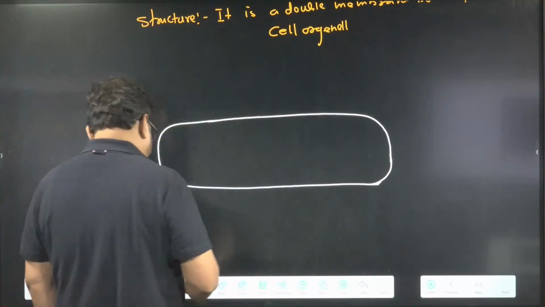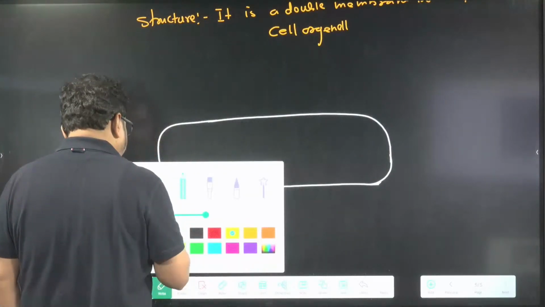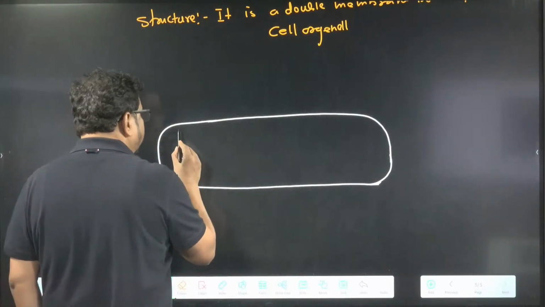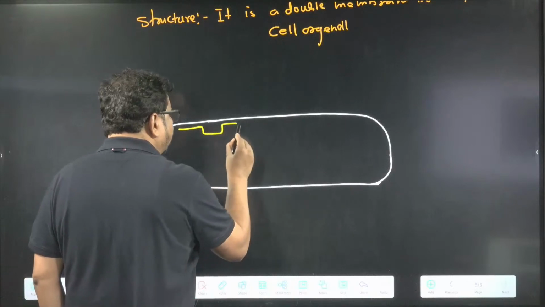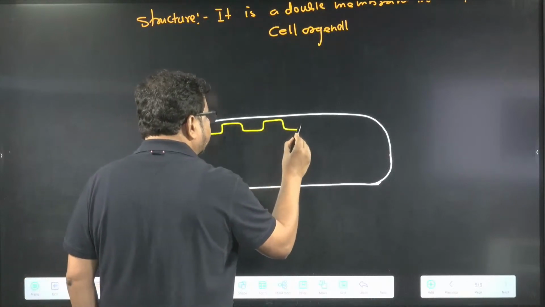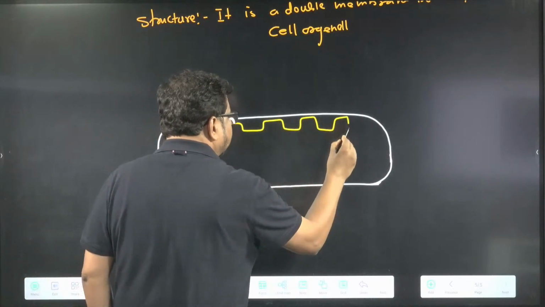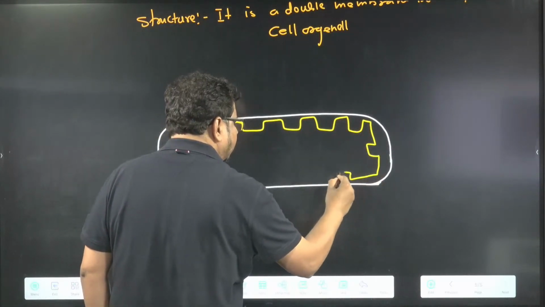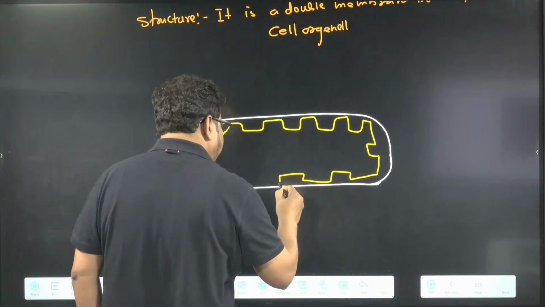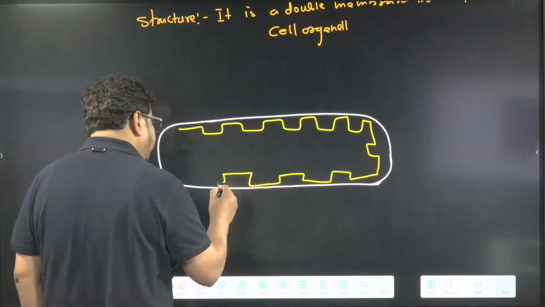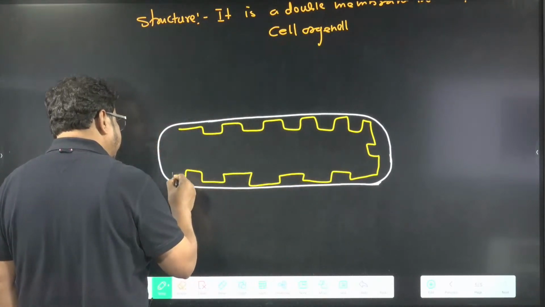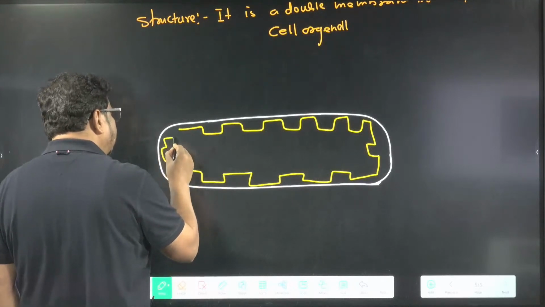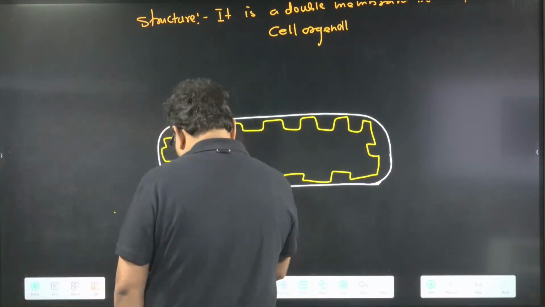So it has two membranes. One is the outer membrane and another one is the inner membrane. The inner membrane of mitochondria is highly enfolded. And this highly enfolded inner membrane is called cristae. Another name is cristae. So I am just writing here.